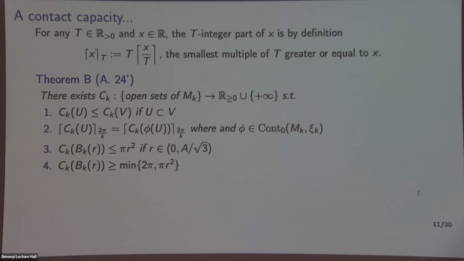But at the same time, the 2 pi over k integer part of the capacity of the image of the big ball has to be the same as the 2 pi over k integer part of the capacity of the big ball, because of 2 pi over k invariance by contactomorphism. Then you use these two estimates to get a contradiction.